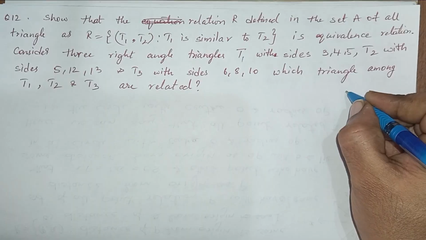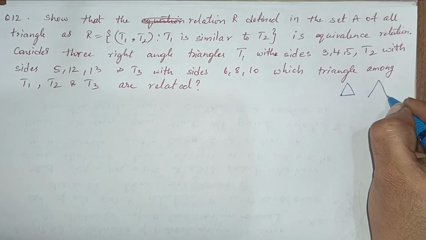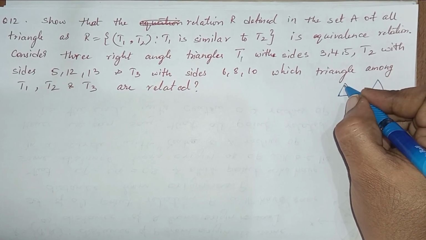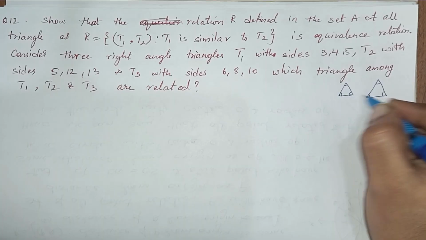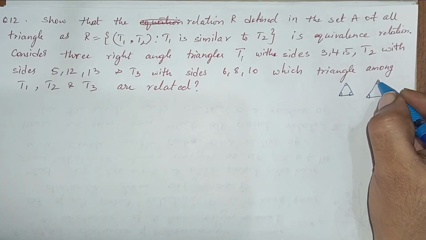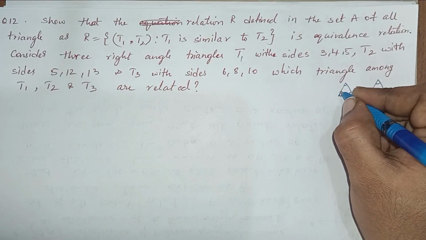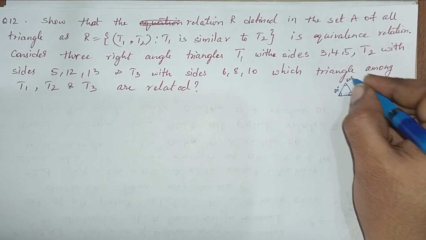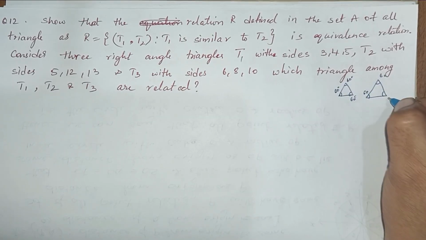For example, if we take two triangles, if the angles of this triangle are in ratio with the angles of this triangle, this with this and this with this. Imagine all the angles are 60 degrees, and this one is also 60 degrees.